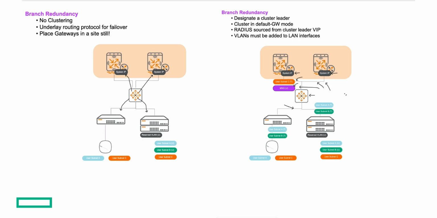And if you're doing a non-redundant branch, you don't need to worry about having those VLANs exist here, actually. Let's just pretend for a second, for simplicity's sake, this is not here, and this link doesn't exist, and you want to tunnel. Well, in that case, you only need your system IP address to be here, and you don't really need a management VLAN down here.